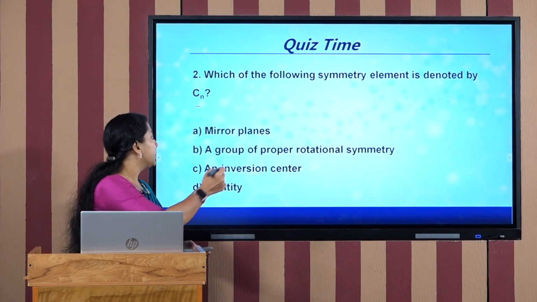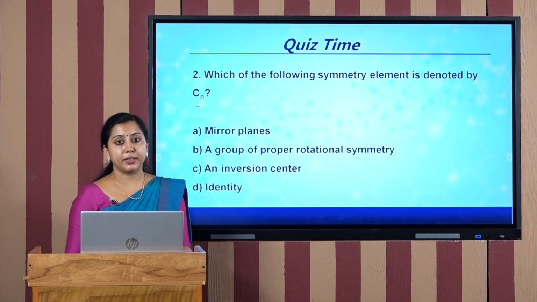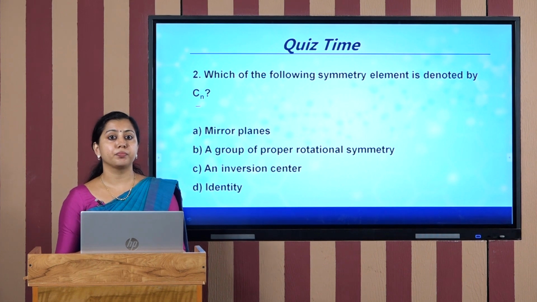We have the mirror planes, that is an imaginary plane that cuts the crystal into two equal halves such that one is the mirror image of the other. And option B, you can see a group of proper rotational symmetry. Option C, an inversion center. Option D, identity. So, all these are elements of symmetry.